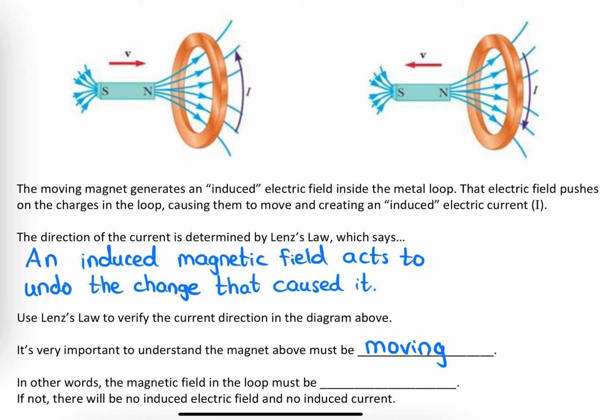The loop is very fine having a magnetic field in it. It's a changing magnetic field that causes this induced current. The magnetic field in the loop must be changing for this behavior to occur. If not, there will be no induced electric field inside the metal and therefore no induced current.